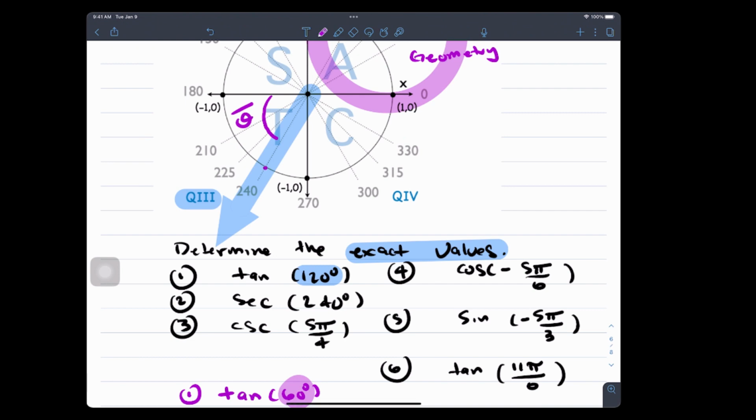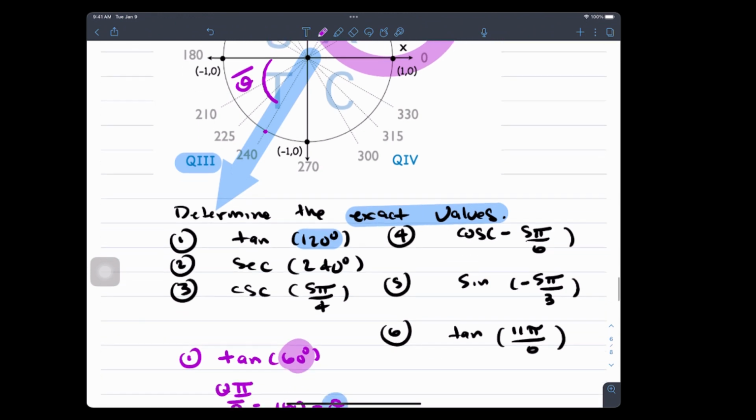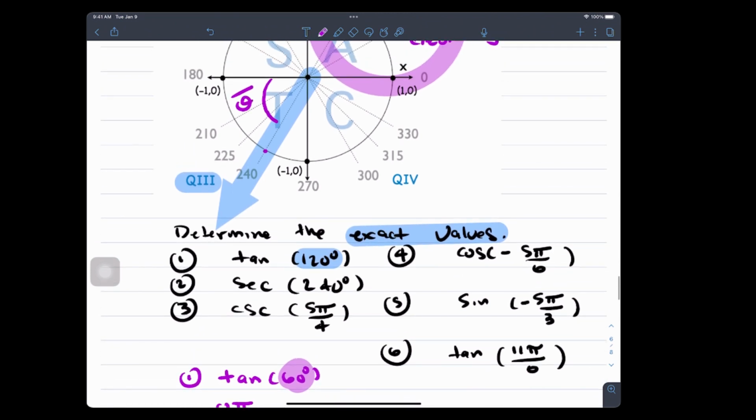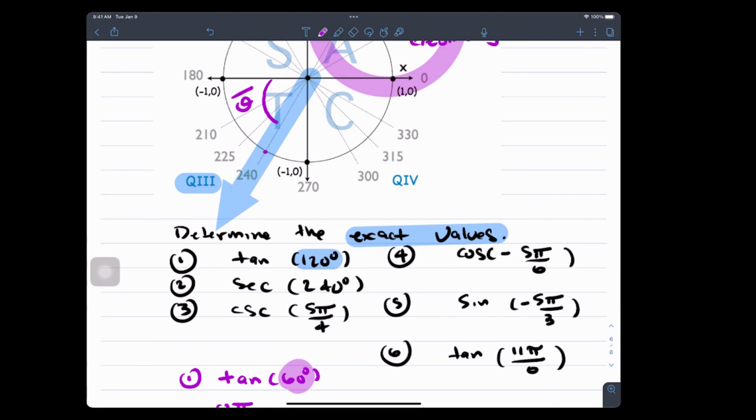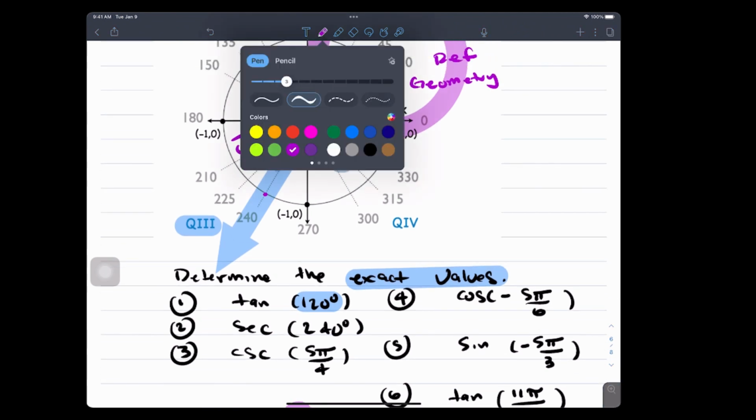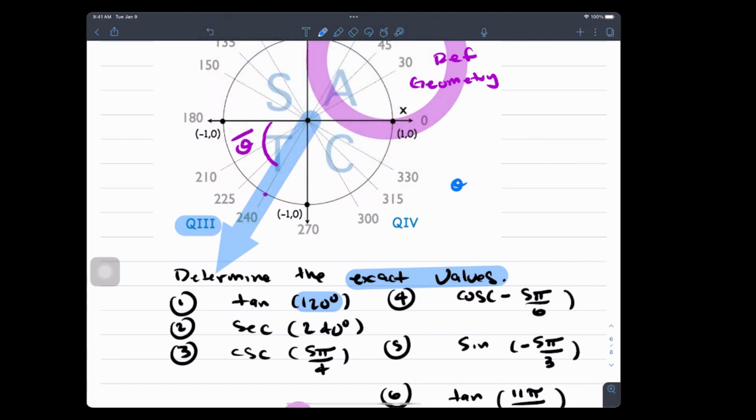But it's quadrant 3. How do you get a quadrant 3 reference angle? Do you guys remember? What does a reference angle equal in quadrant 3? It's a different formula for quadrant 3. Theta, which is 240, is equal to 180 plus the reference angle.